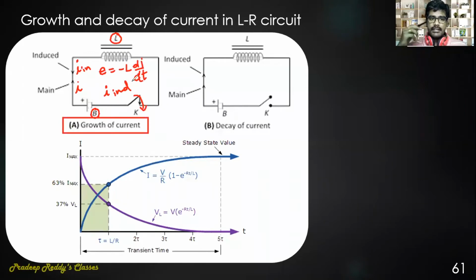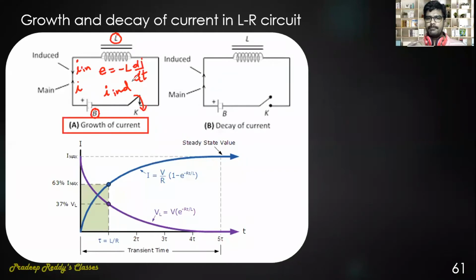As the main current in the circuit increases, the induced EMF increases. As the induced EMF increases, the induced current increases, and that induced current will oppose the actual current in the circuit. As a result, the main current magnitude increases, the induced current magnitude also increases, resulting in growth of current in the inductor.